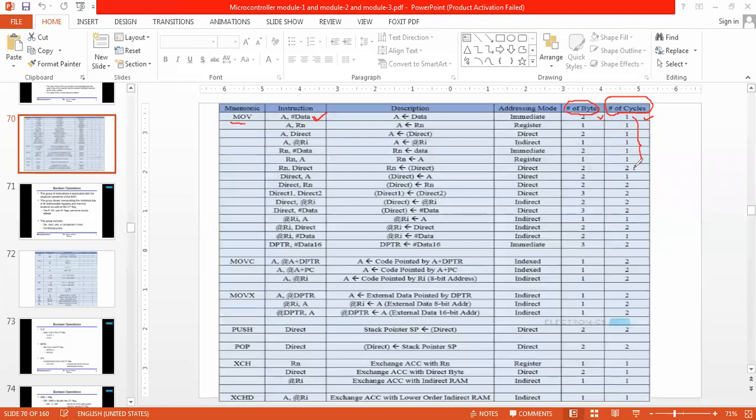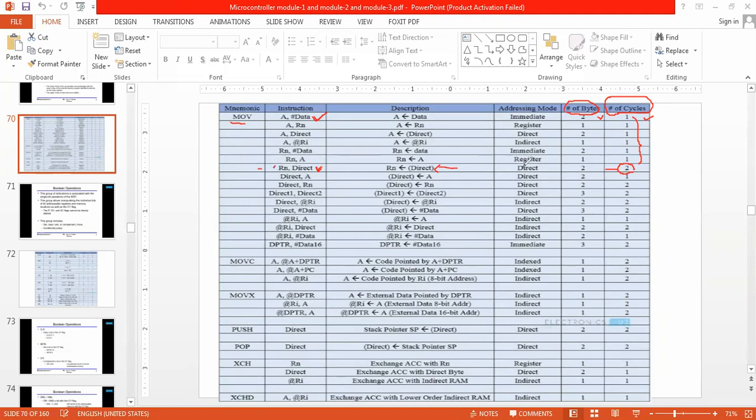And somewhere we have 2 machine cycles. What is this? Take move Rn comma direct. So a direct address is given here. Because of that, first the address has to be calculated, pointed to, and from that address the data has to be placed into the Rn register.